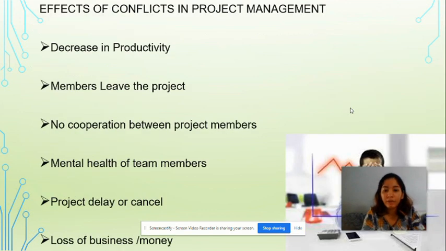Last, effect of conflict in project management: decrease in productivity, members leave the project, no cooperation between the project members, mental health of project team members, project delay or cancellation, loss of business money.